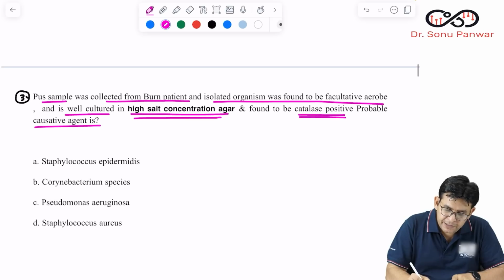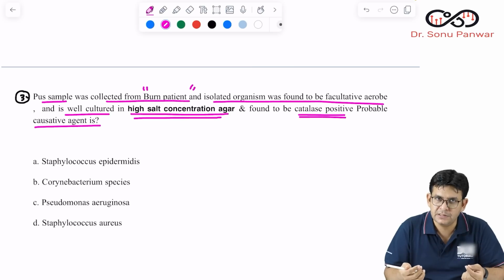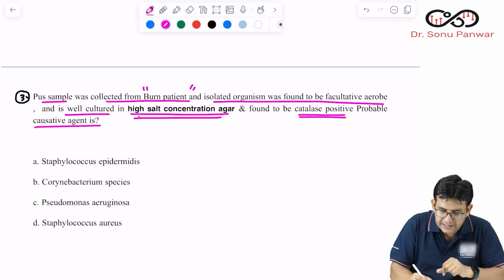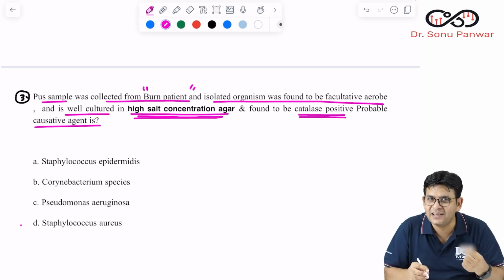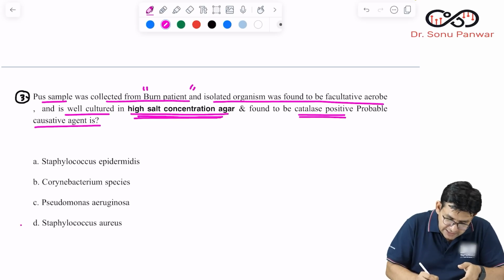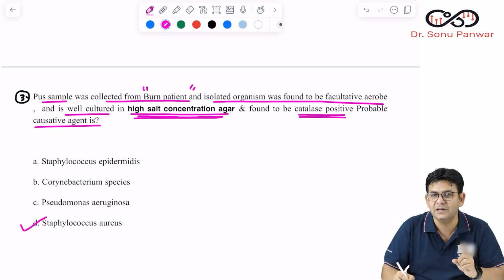When you see a burn patient, don't jump to the answer that this is Pseudomonas. You have to see what is given. High salt concentration agar, and high salt concentration agar is used for which organism? Mannitol salt agar. Mannitol salt agar is for what? Staph aureus. So the answer here is Staph aureus, and that is also catalase positive.